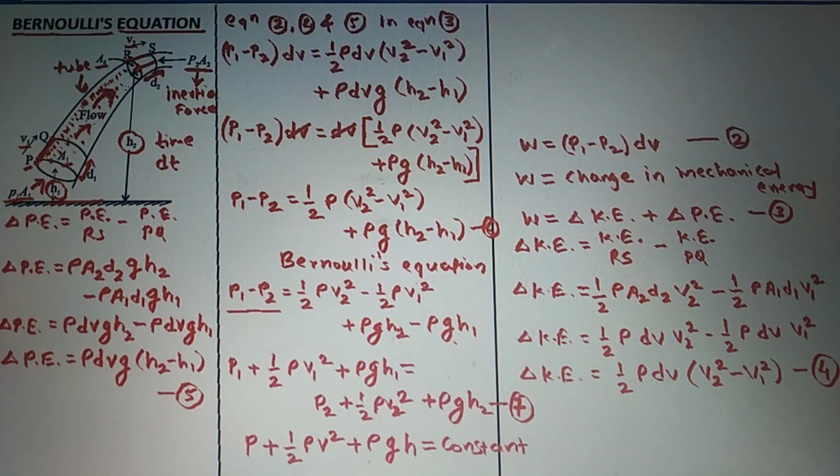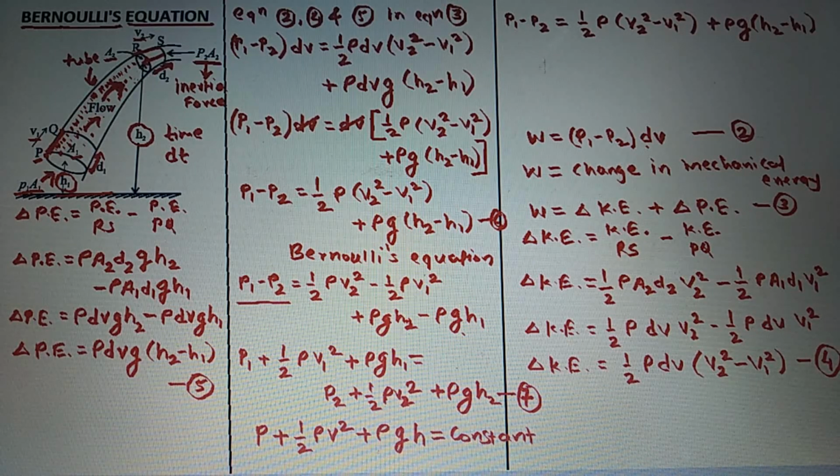Now finally we have to define Bernoulli's equation. So what is Bernoulli's equation? That is P1 minus P2 is equal to 1 by 2 into rho into (V2 square minus V1 square) plus rho into g into (H2 minus H1).